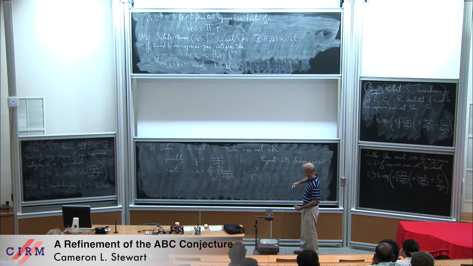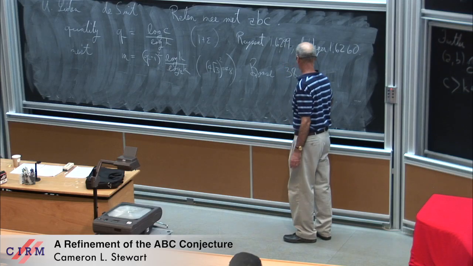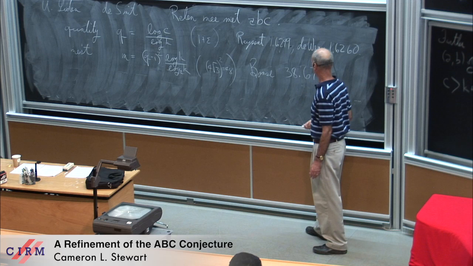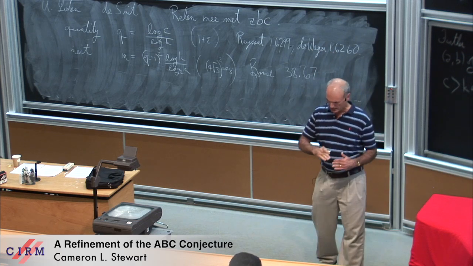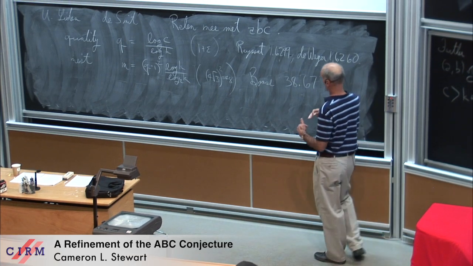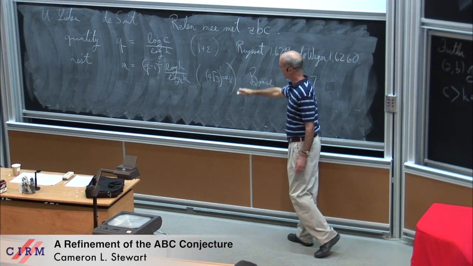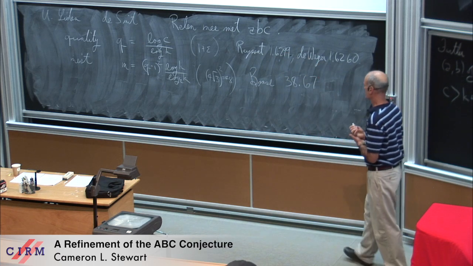The merit seems to be increasing, and so the best known example is a triple found by Ralph Bons with a merit of around 38.67. And again, the opposite phenomenon seems to be exhibiting itself: you have to go farther and farther out to get closer to this factor of 48.